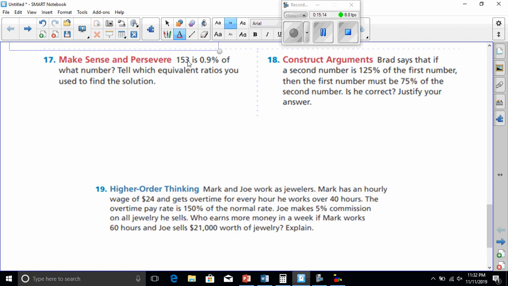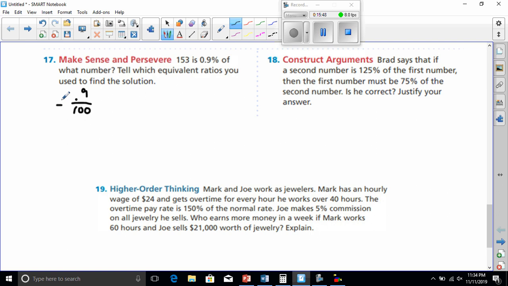Make sense of problems. 153 is 0.9% of what number? Tell which equivalent ratios you use to find the solution. 153 is 0.9% of what number? To solve this, I'm going to have to cross multiply. Well, I know 0.9% is going to go over 100%.